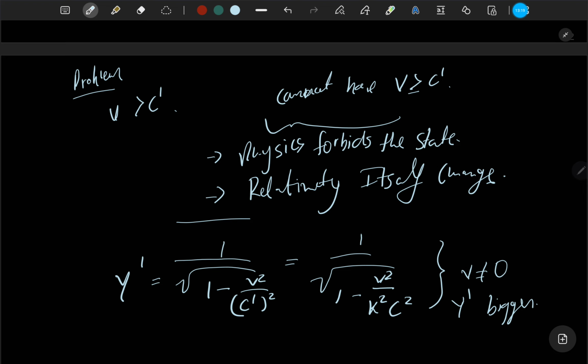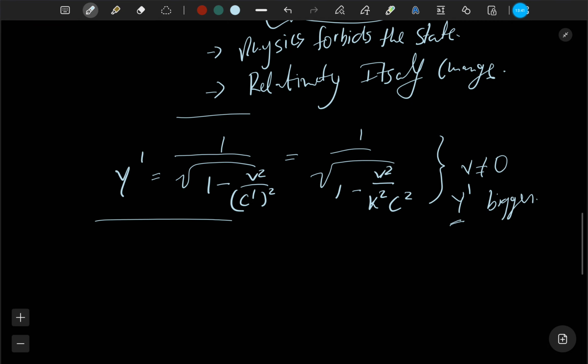and sometimes if v is greater than or equal to c dash, so if that happens, then the gamma is gamma. Did I say omega for this? No, it's gamma. Gamma dash is bigger.